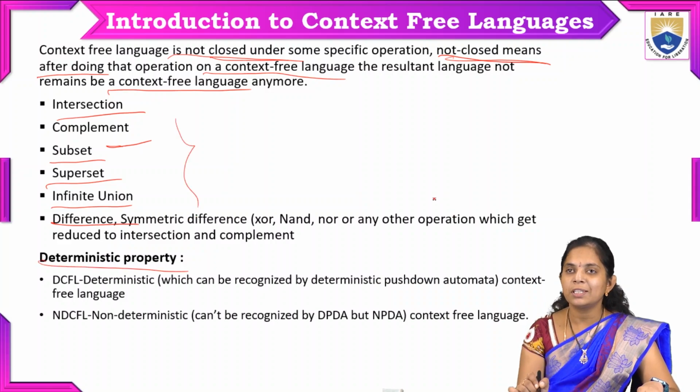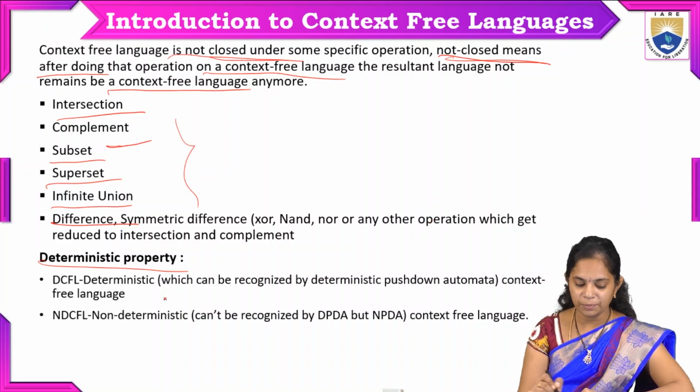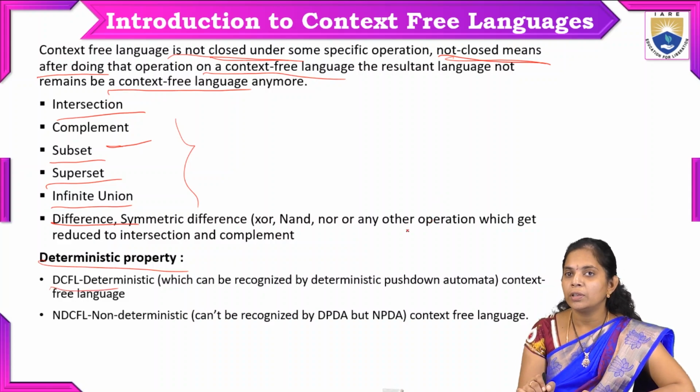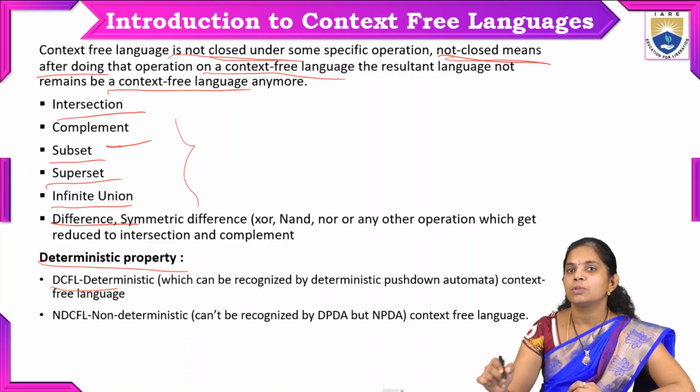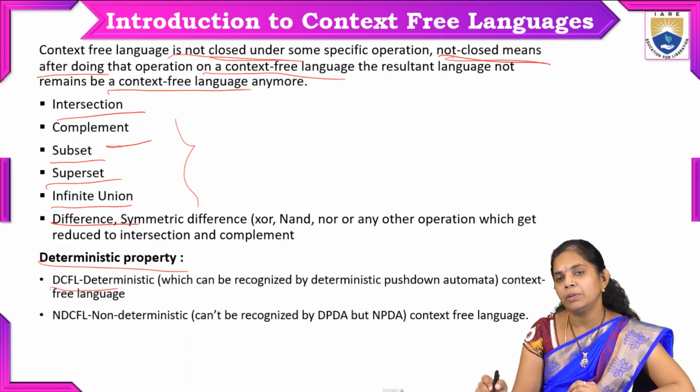And the deterministic property, coming to determinism. We already discussed determinism and non-determinism in finite automata. Non-deterministic means one state can have multiple transitions on the same input, so the same input can reach multiple states. While in deterministic, one input maps to only one state.